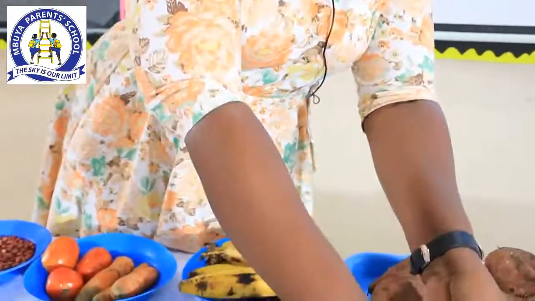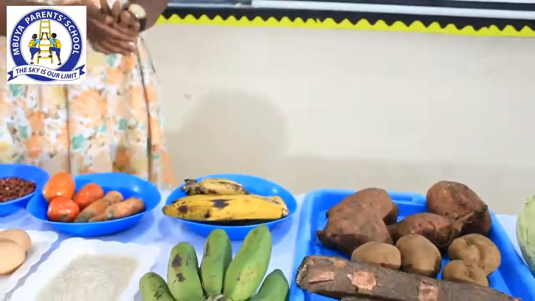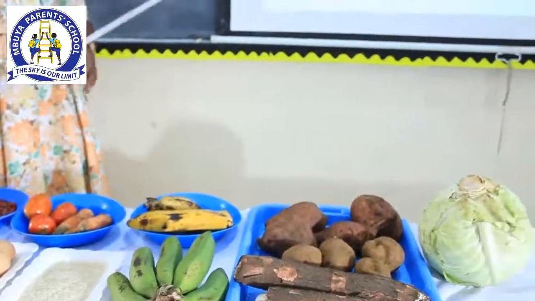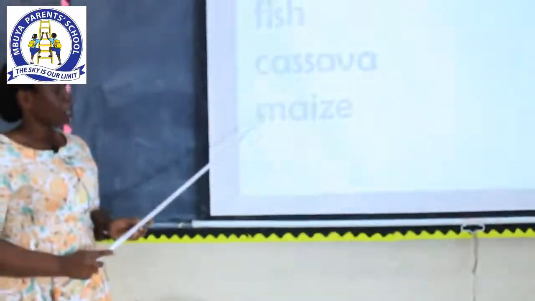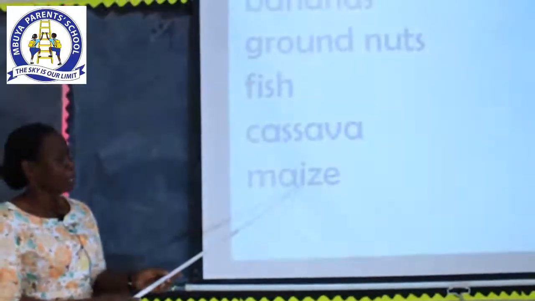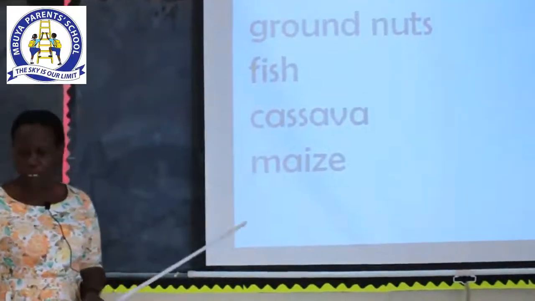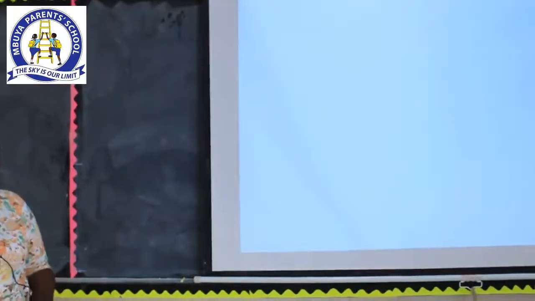This is cassava. We have the word maize. Let us spell the word maize, children. Maize. M-A-I-Z-E. Maize. Good. Let's move on to the next word.